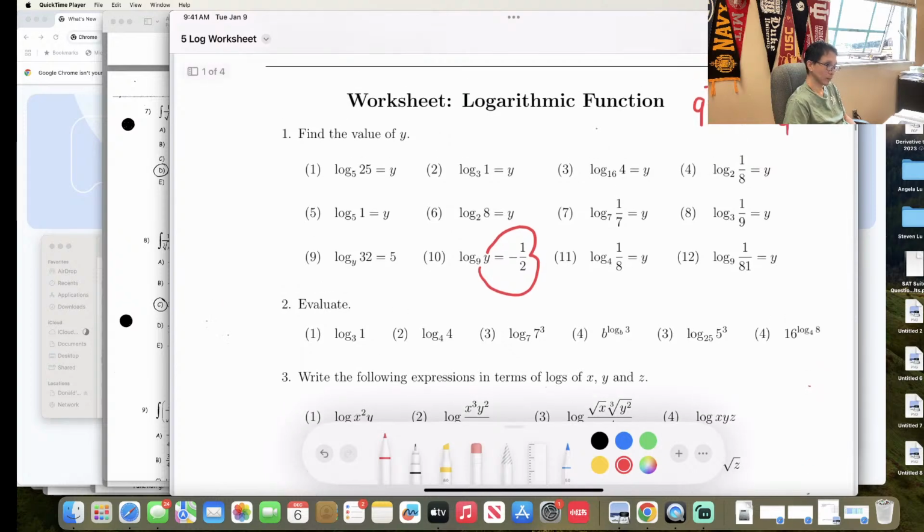Okay, flip it. You can pick any question. You can pick 12.